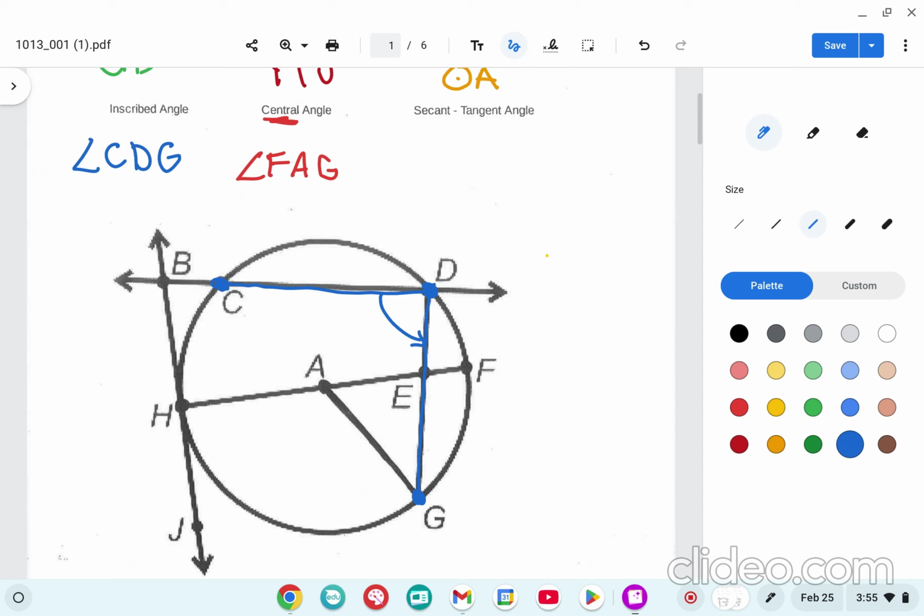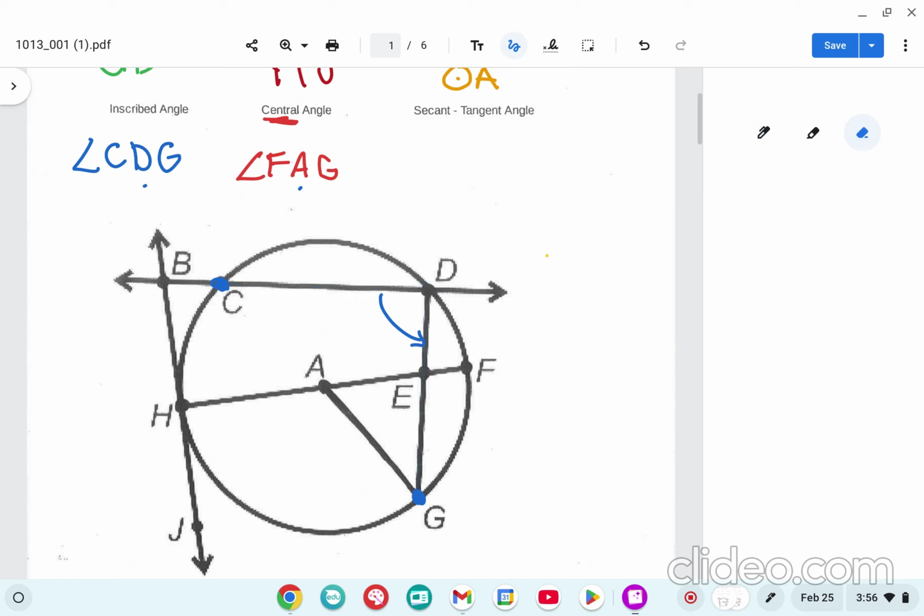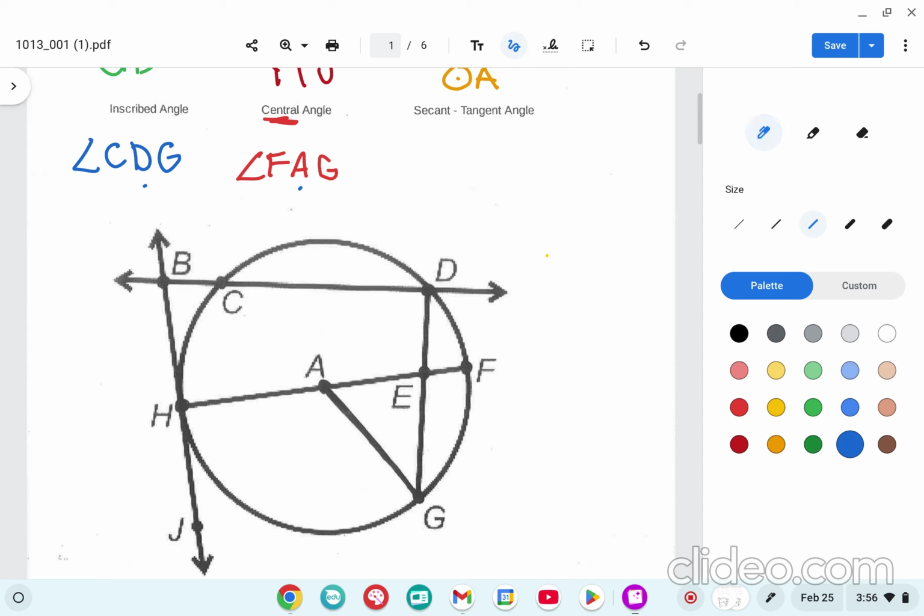All right, the last one on this page is a secant tangent angle. A secant tangent angle is an angle that is made up of a secant and a tangent line together. So we need to find those. We should have already found them earlier, but we can see that our secant line and our tangent line intersect at point B. So there's my secant line, and then separately there's my tangent line.